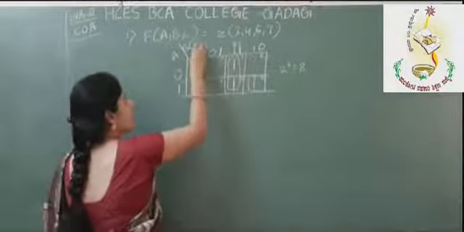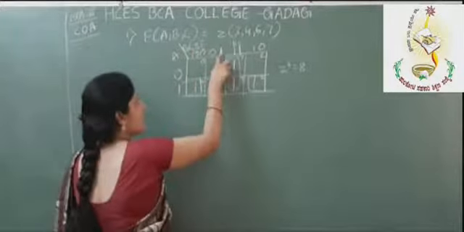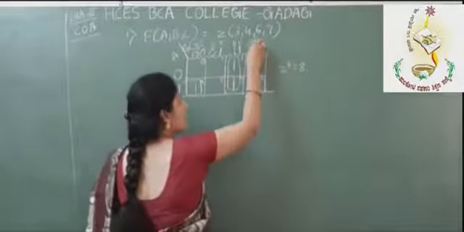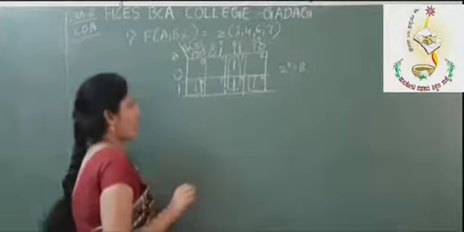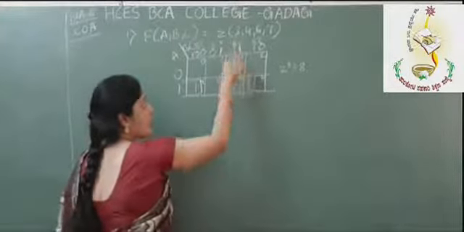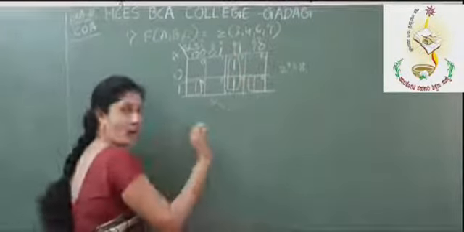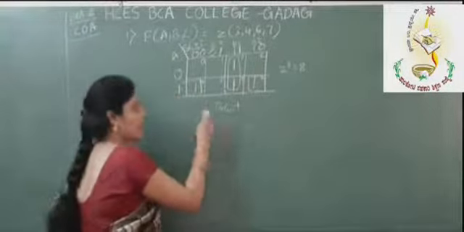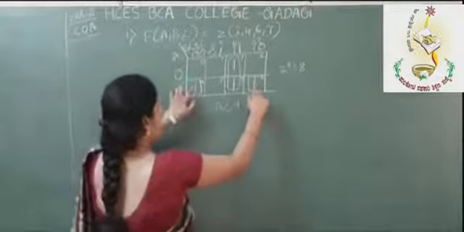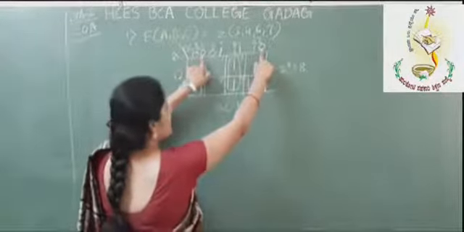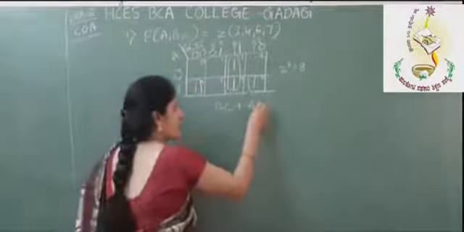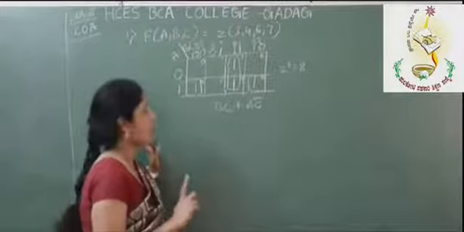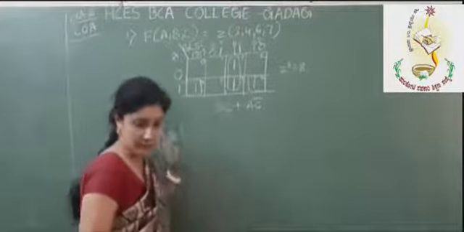Therefore, 0 0 means B bar C bar, 0 1 means B bar C, 1 1 is B C, 1 0 is B C bar. Now vertically which is common? BC. Next, about this one: horizontally, 1 is common, nothing but A. Vertically, this 0 is common, which is C bar. So the logical expression for this K-map is BC plus AC bar.